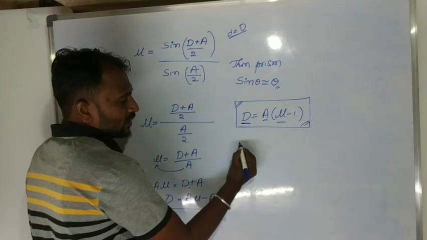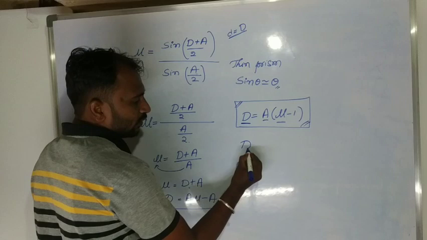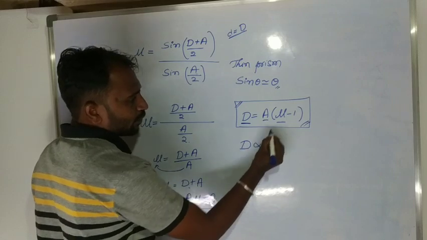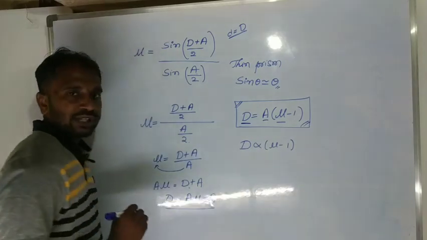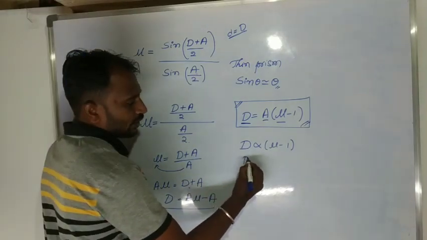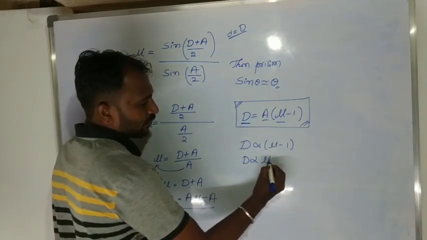So the angle of deviation is directly proportional to the refractive index of the material of the prism. It means D is directly proportional to the refractive index.